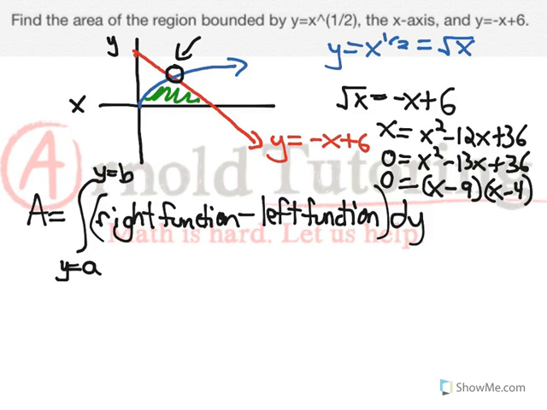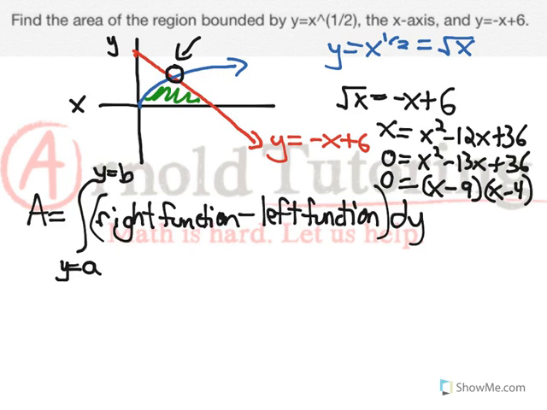So the curves intersect at x equals 4 and x equals 9. Well, not really x equals 9, that would only be if this curve continued, but we're only worrying about the positive square root.